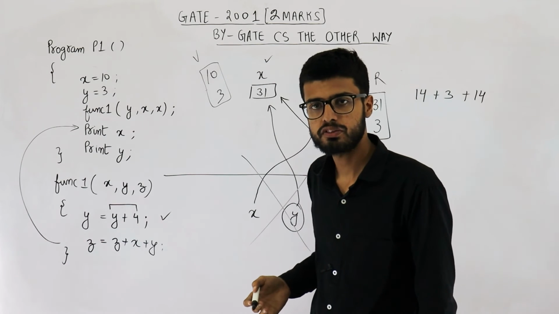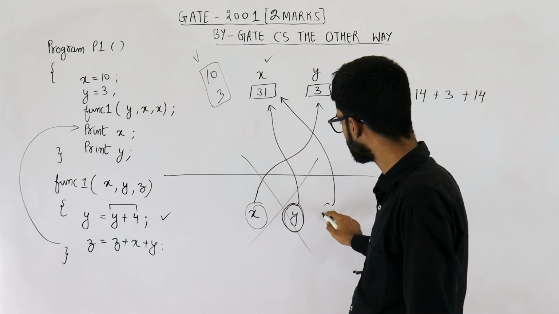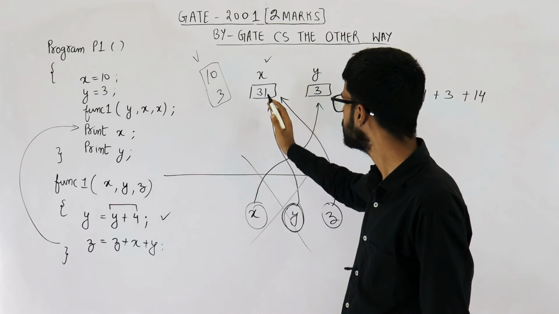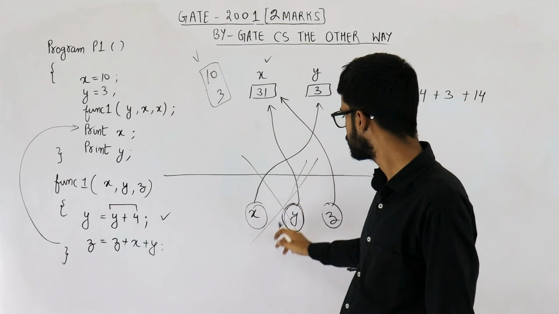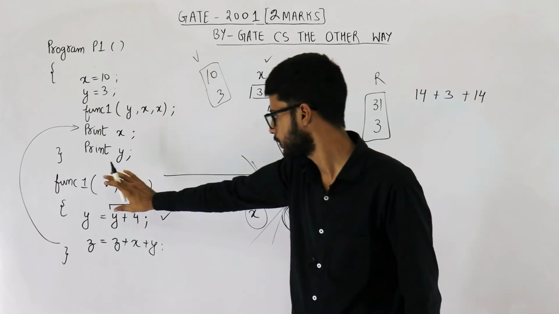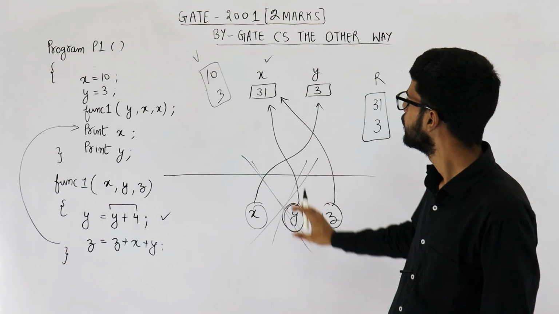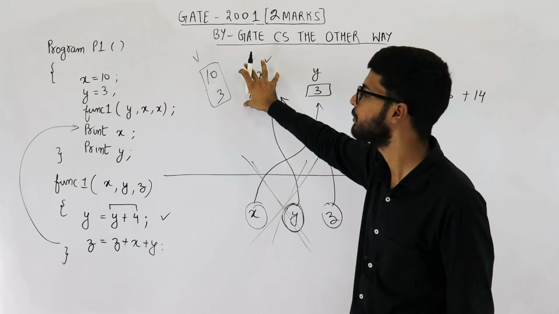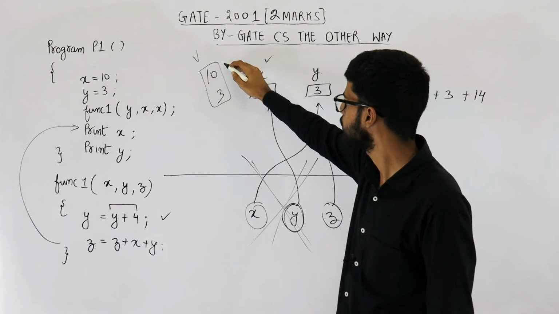If call by value is used, we will change the values of these variables only. They will no longer be pointers; they will contain some values, and eventually this function will end and these memory locations will be deleted, and these variables will be unaffected if call by value is used. In that case, this is the answer.